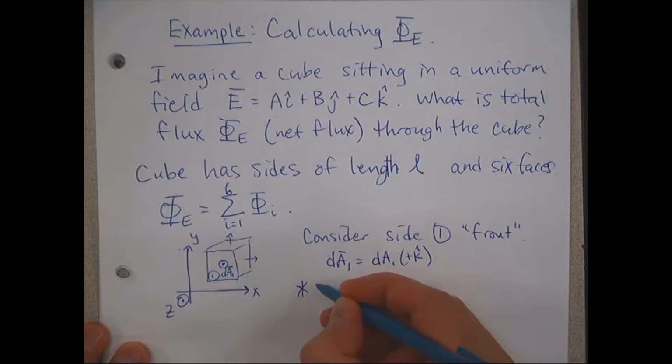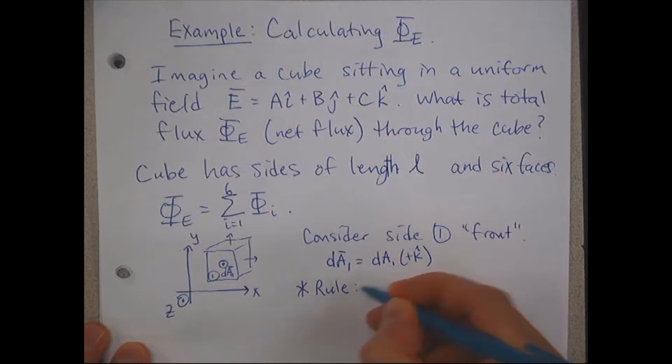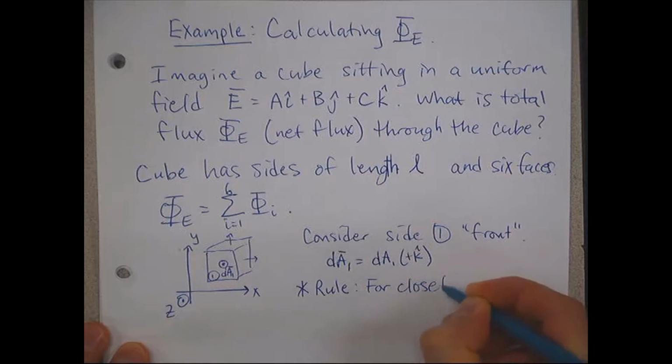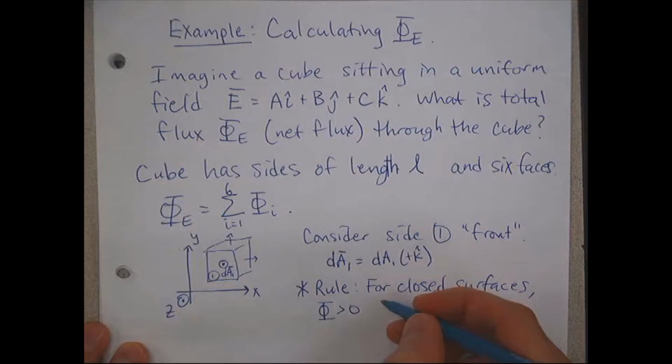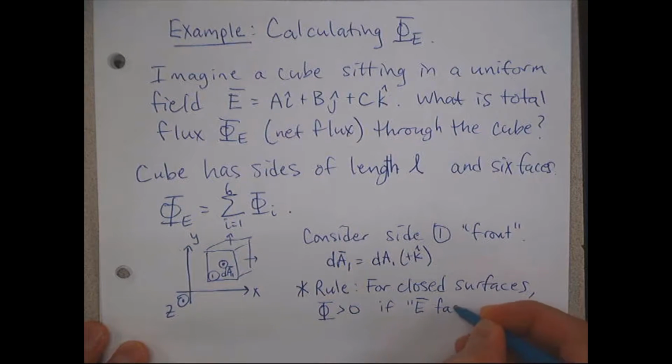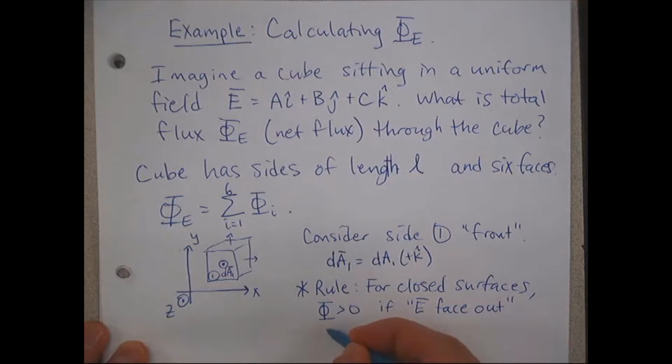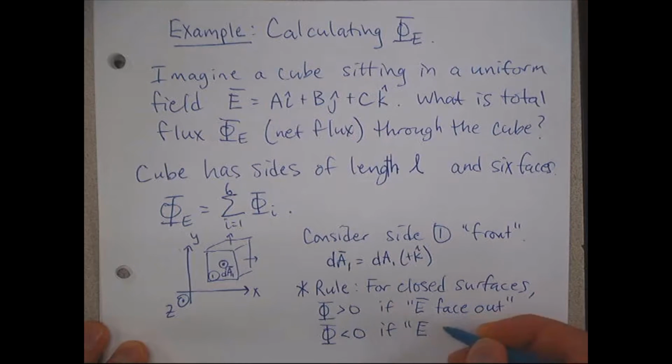And we'll add another rule here for closed surfaces, like this cube. Flux will be positive if the electric field is facing out of the surface, and flux will be negative if the electric field vectors face in.